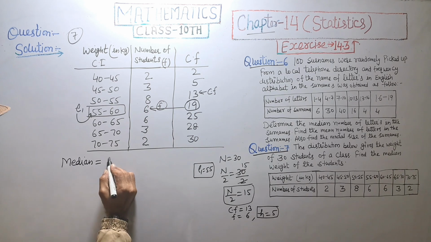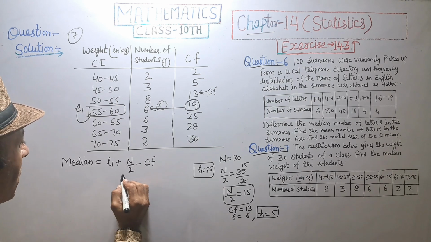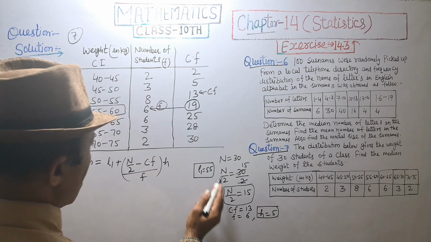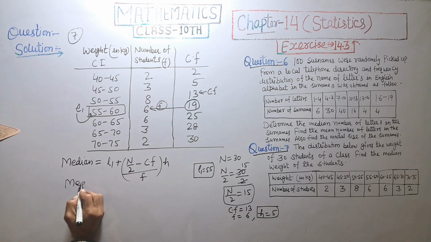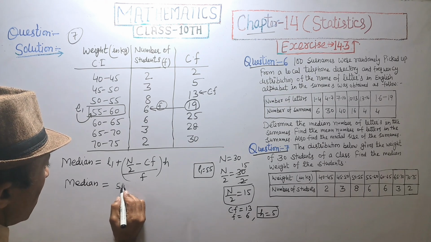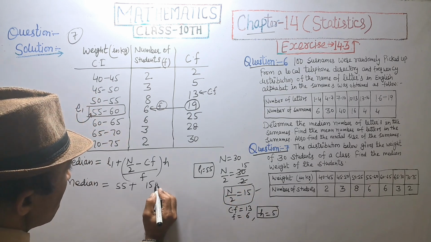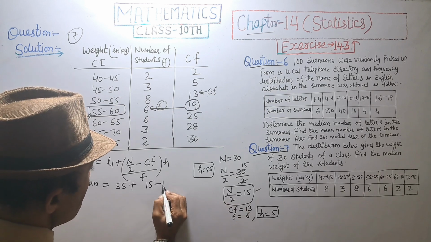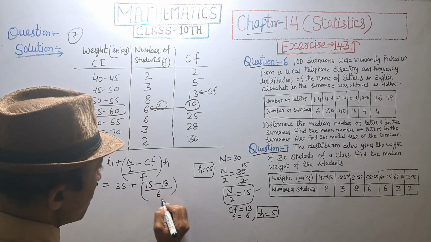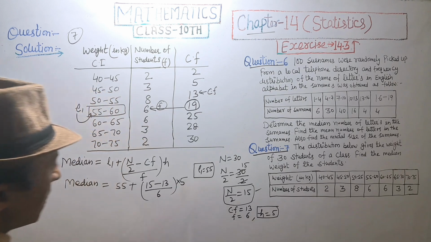And median, the formula of median is equal to L1 plus (N upon 2 minus CF) upon F into H. So median is equal to L1 is 55 plus N by 2 is 15 minus CF is 13 divided by F is 6 into H is equal to 5, that is multiply by 5.